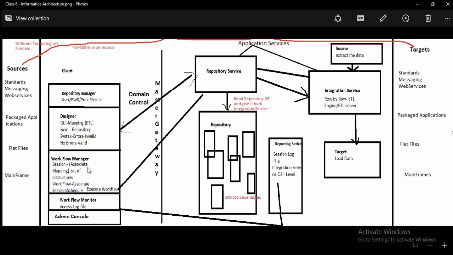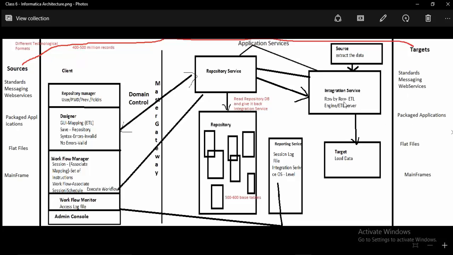So whenever I run the job, actually what is happening, it extracts the data from your external source system, not from the Informatica, okay? External source system like messaging system, flat file, whatever it may be. So that means this integration service comes into picture. Whenever you run the job, this integration service integrates Informatica with the external source system and the external target system.